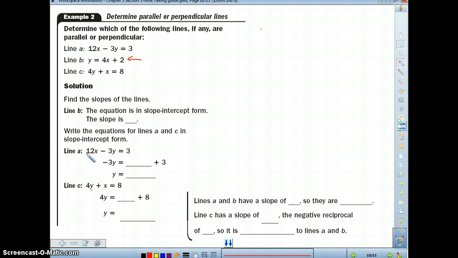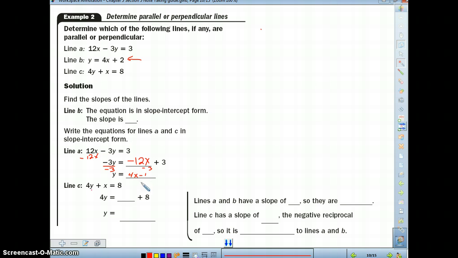So we have 12x over here. We have negative 3y. So I'm going to subtract 12x from this side and put it over here. Minus 12x plus 3. If we divide both sides by negative 3, we're going to come up with 4x minus 1.